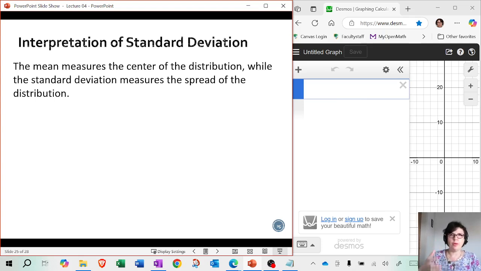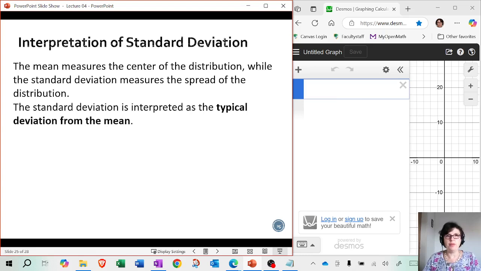Then we had to square them, add them up, divide by how many we have, then take the square root. It's a lot of computations, but everything depended on deviations from the mean, because we were subtracting the mean from each observation. And so standard deviation is interpreted as the typical deviation of the data from the mean.